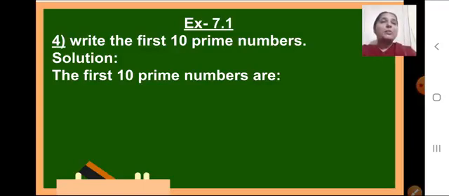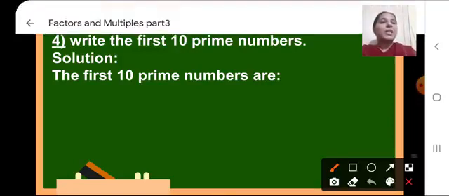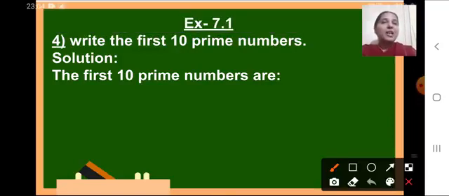So what is the smallest prime number, children? The smallest prime number is 2. So we will start with the first 10 prime numbers. What will be the first prime number? It will be 2. Then after 2, what will be the next prime number? 3. What about 4? Is it a prime number?